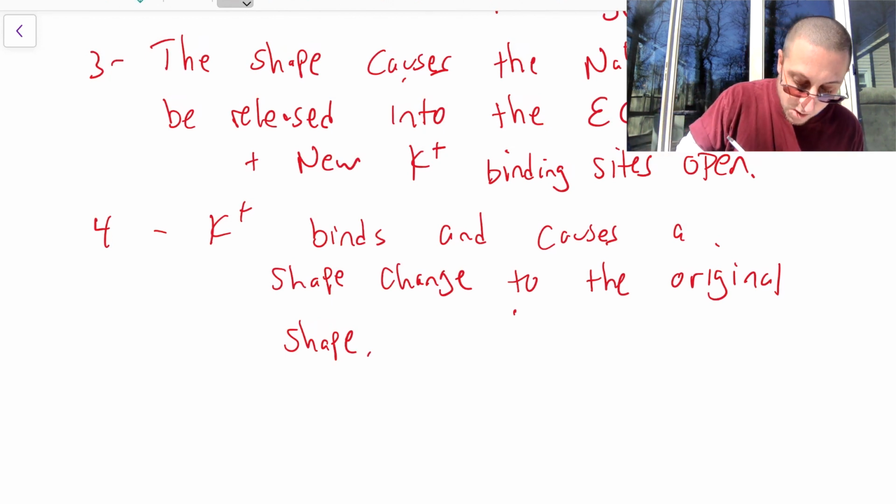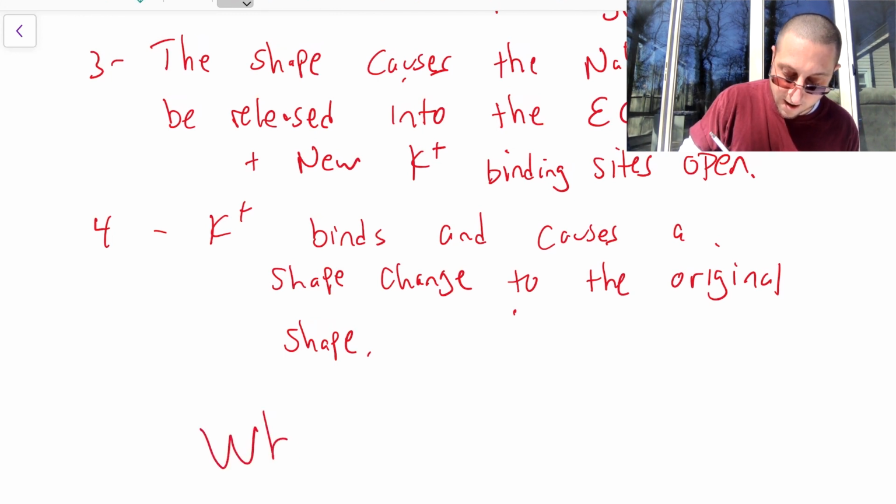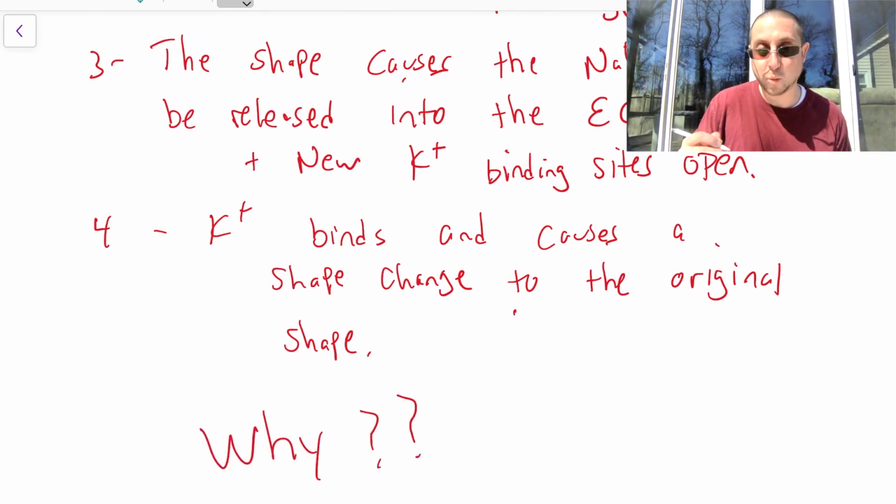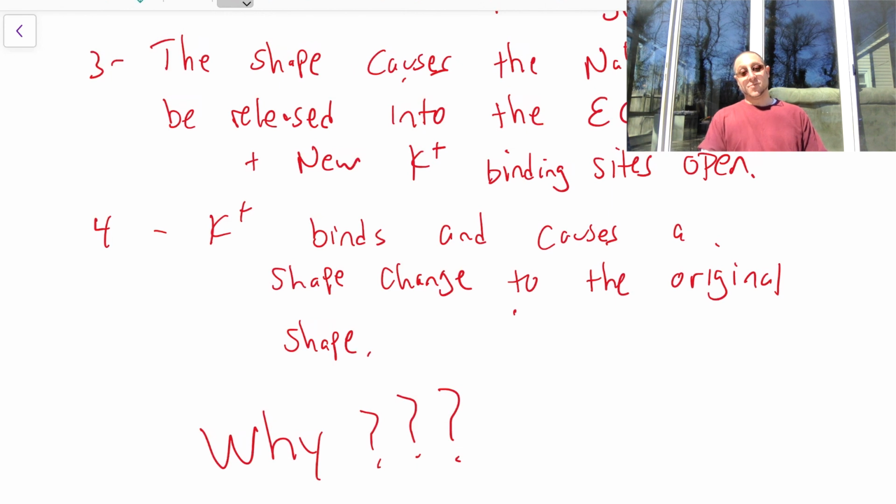So I'm going to put, why do we care? We care because this allows us to keep our membrane potential. It allows us to lose a positive charge, keeping the negative charge in the neuron. And we want to keep it negative because when we want to stimulate it, we rush in positive. And then eventually we've got to get it back out.